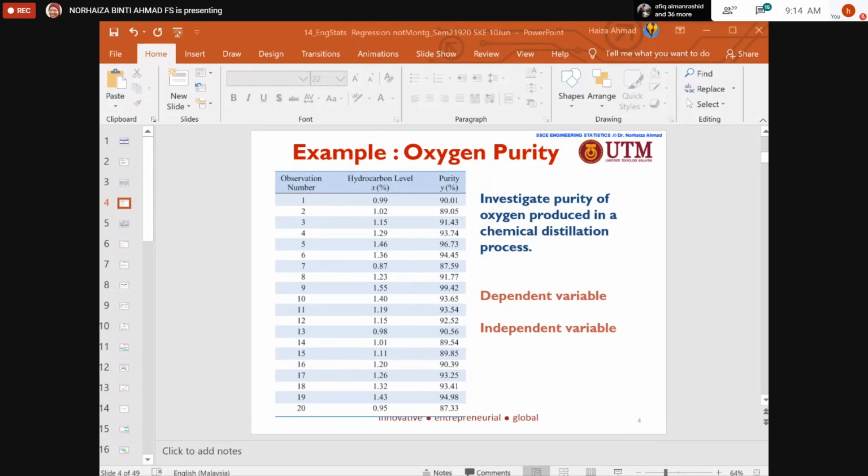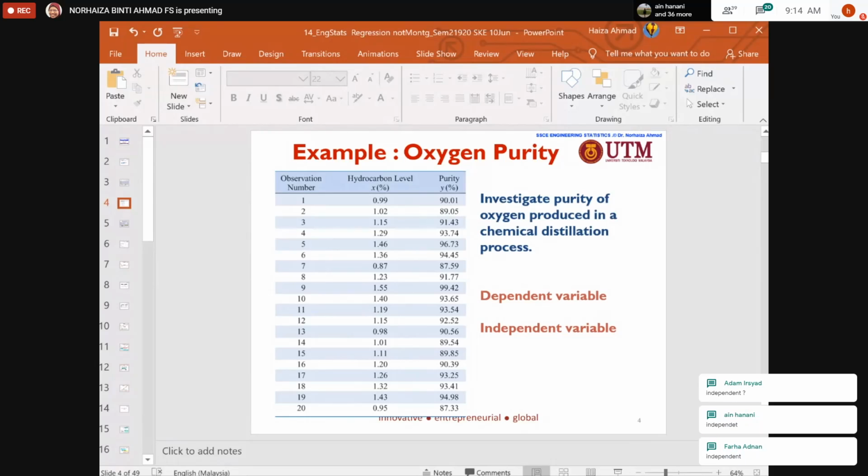Do you think hydrocarbon would be a dependent variable or an independent variable? Independent for hydrocarbon, yes. So hydrocarbon is independent and purity is dependent.